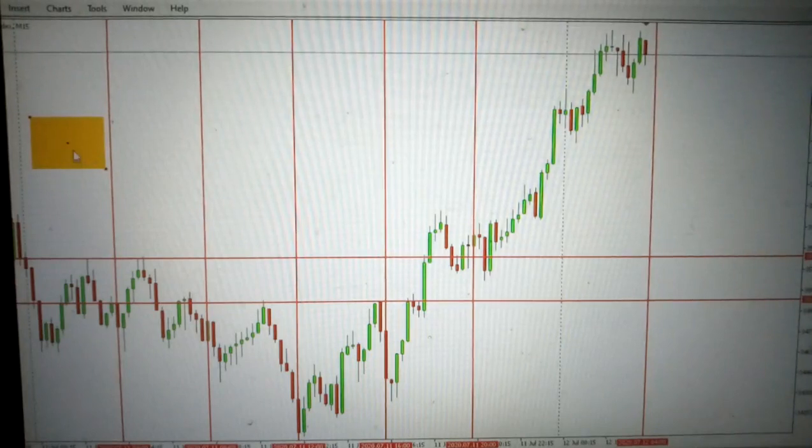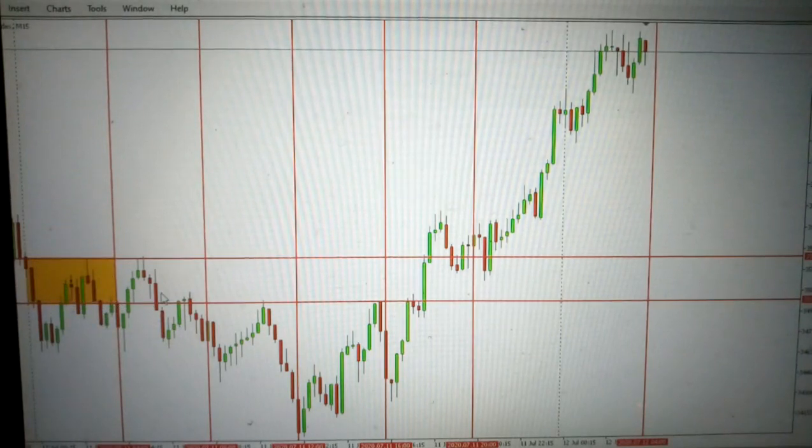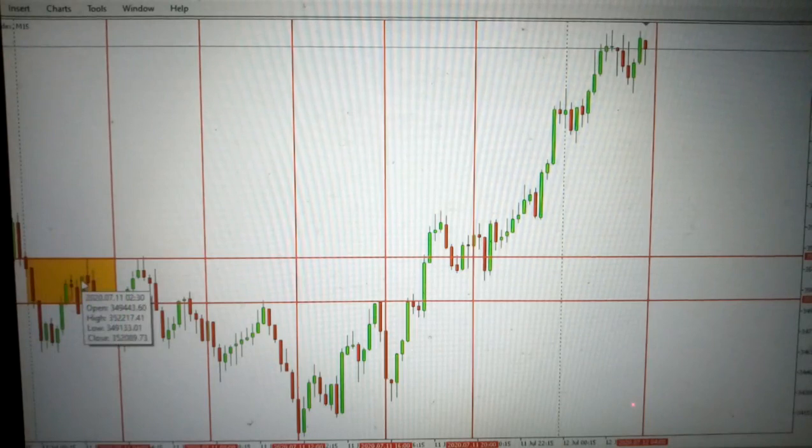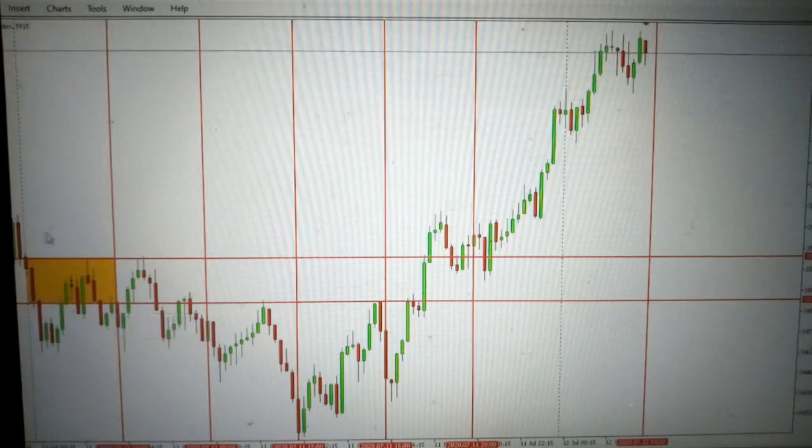Okay, what I will do next is to divide this box. I have mapped out the rectangular shape of how price dropped. Price dropped from this point to this point within this 4-hour period.